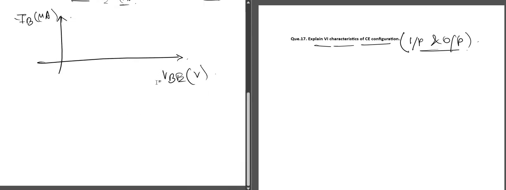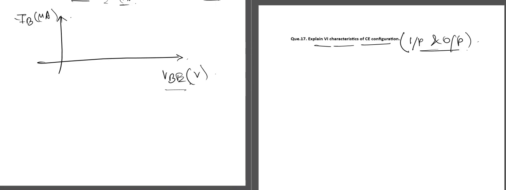What happens is, when we are increasing the base emitter voltage, the potential barrier between the emitter and the base junction is gradually reduced. As the potential barrier is gradually reduced, more electrons will go to the base terminal from the emitter terminal, right?